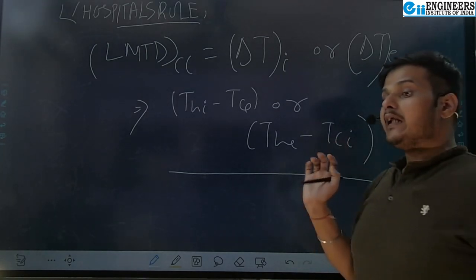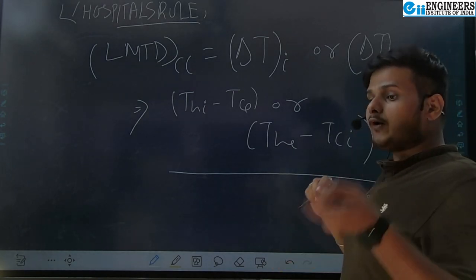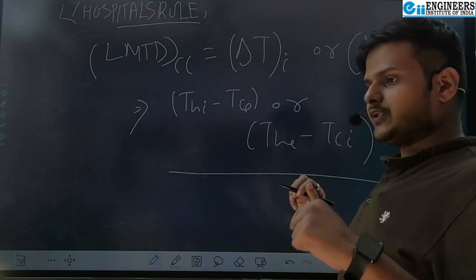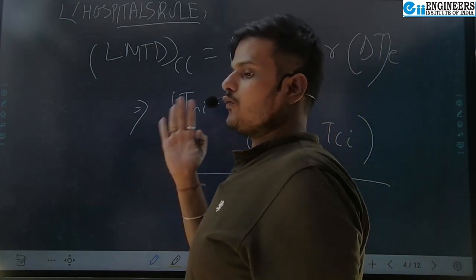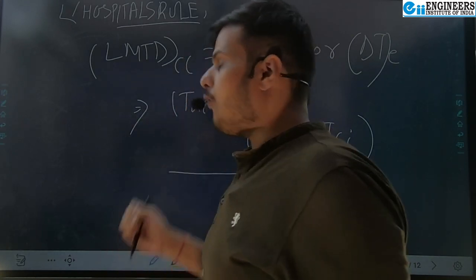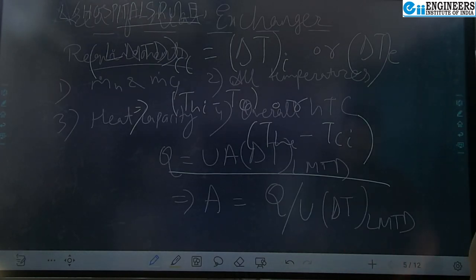That is, what will happen if a phase change is taking place in a system, or what will happen if in a counter current heat exchanger both the mass flow rates and the heat capacity are same for the hot fluid and cold fluid, how the LMTD is going to behave, and that we analyzed now.